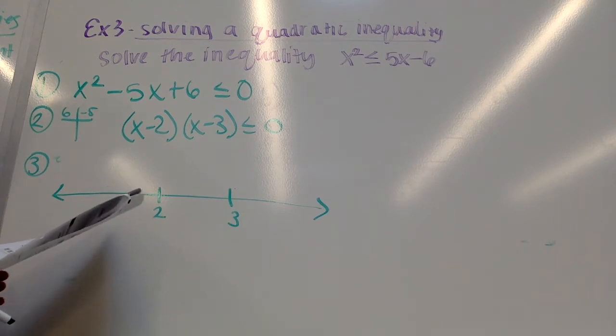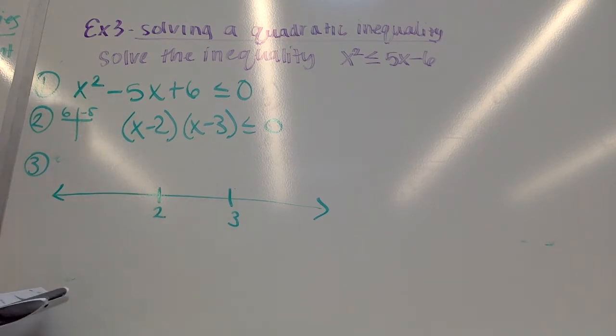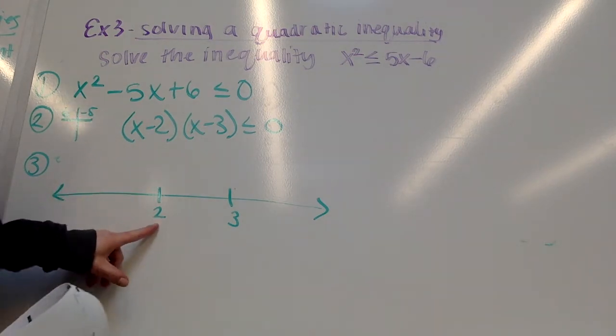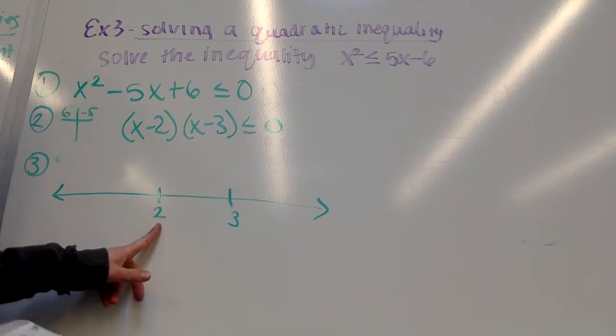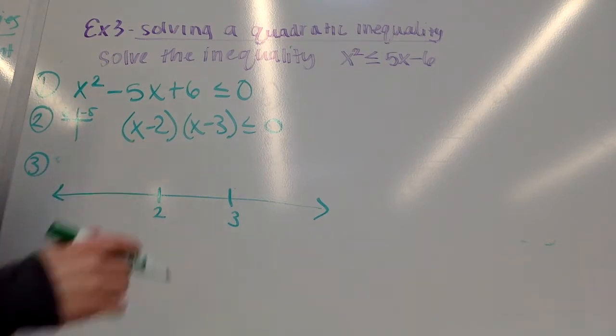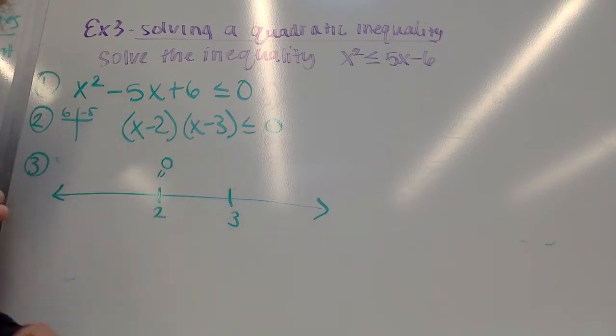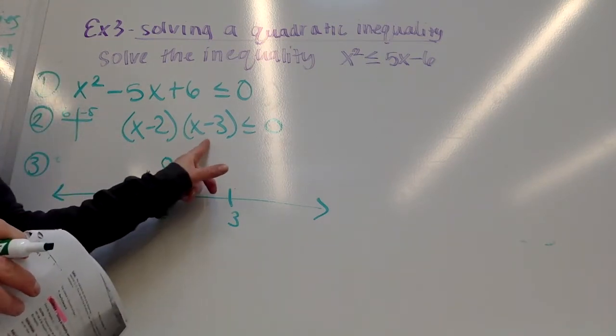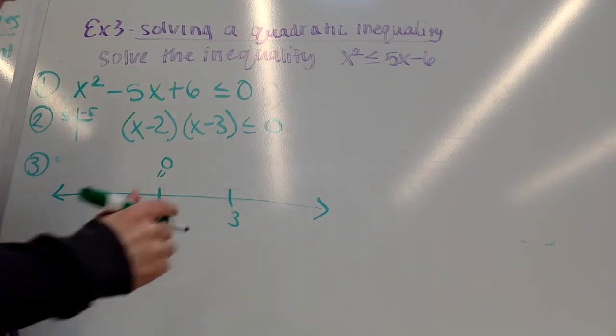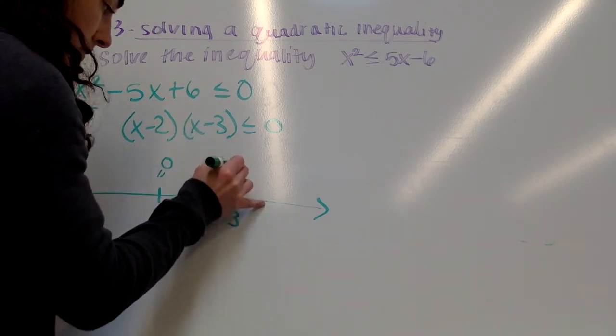So now this might look familiar to you. We are going to make the table or diagram, which we just started, and then we're going to start checking endpoints and intervals, okay? So, well, I know that when I plug 2 in, I'm going to get 0 right here as this is going to equal 0, okay? And I know that when I plug in 3, that is also going to equal 0.